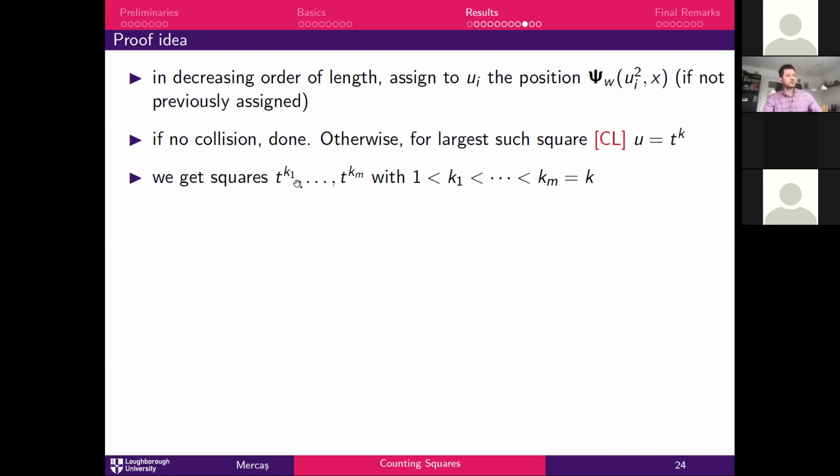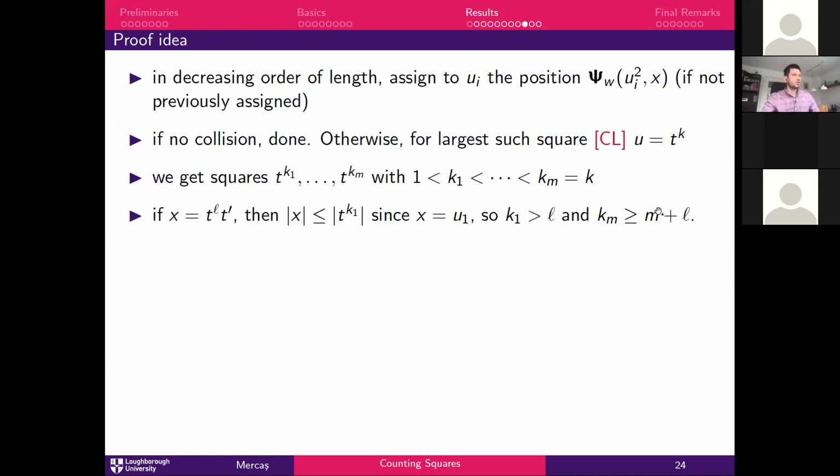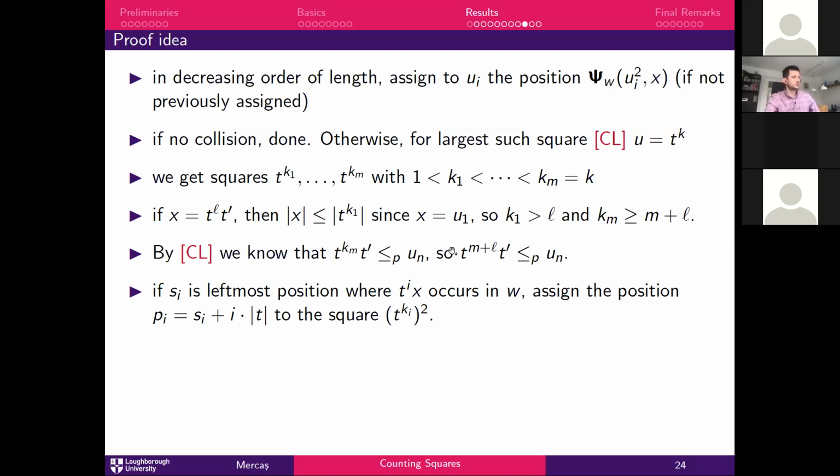Then what you get is basically a bunch of other squares that are all represented in terms of a primitive word. And what you do with them, well, you're going to look at the occurrence of this longest one from the ones that are colliding. You're looking at the first occurrence of that one. For the first occurrence of that one, you're actually looking at the prefix of it, namely the first half of the square. And in that half, you will mark all of the positions of the form t_i of x.